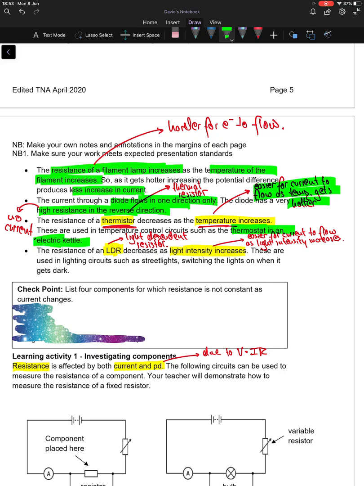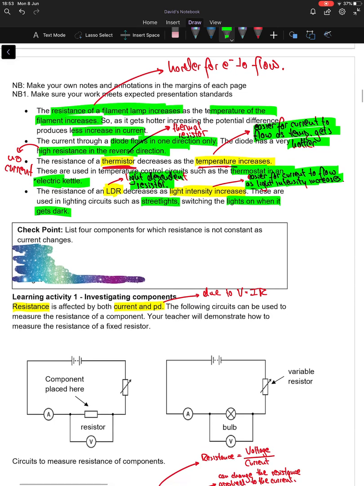These might be used in things to control the thermostat in an electric kettle, for example. Then an LDR, a light-dependent resistor: its resistance decreases as the light intensity increases. So it's easier for the current to flow as the light intensity increases. These might be used for things like turning on street lights or automatic lights when it gets dark.